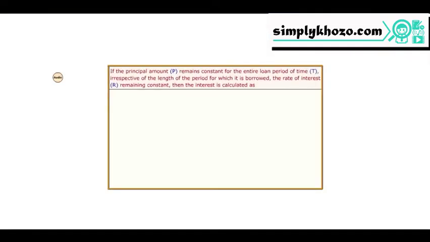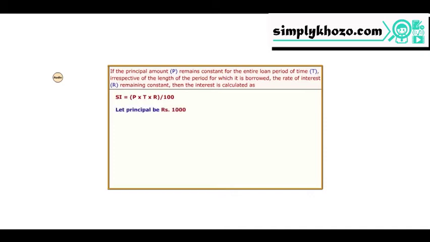If the principal amount P remains constant for the entire loan period of time T, irrespective of the length of the period for which it is borrowed, the rate of interest R remaining constant, then the simple interest SI is calculated as the product of the principal, time and rate divided by 100.